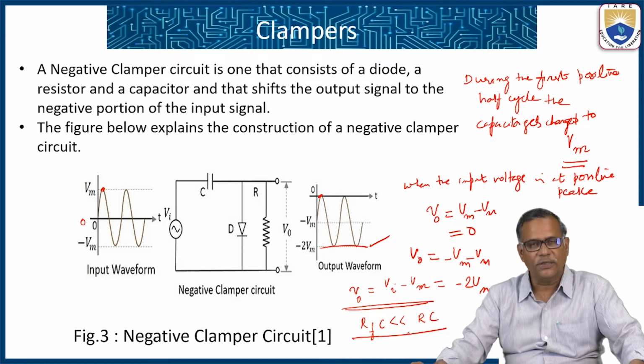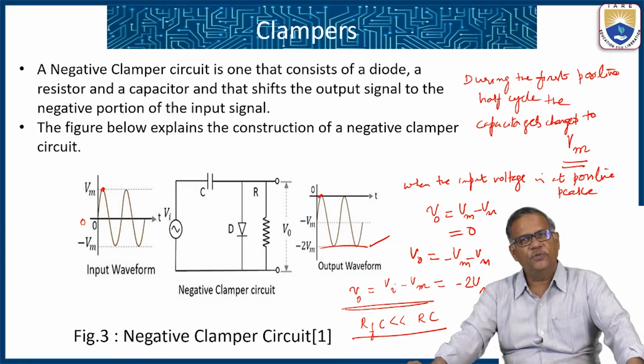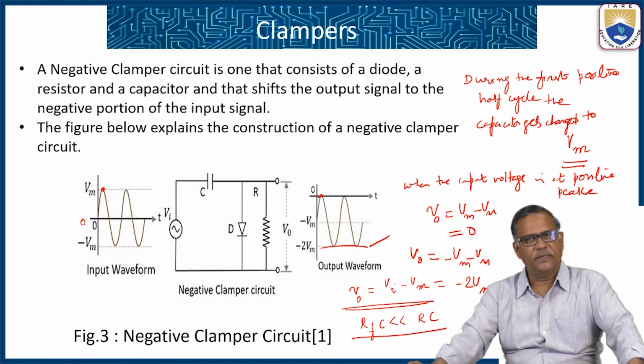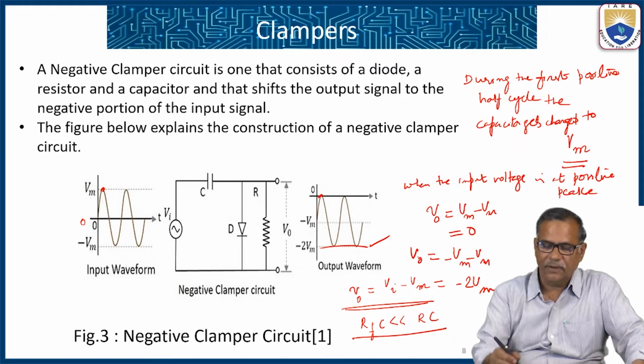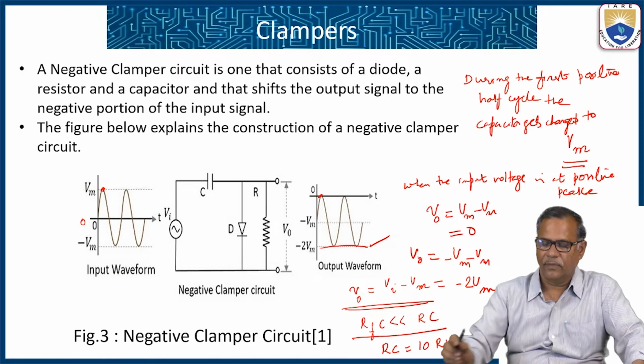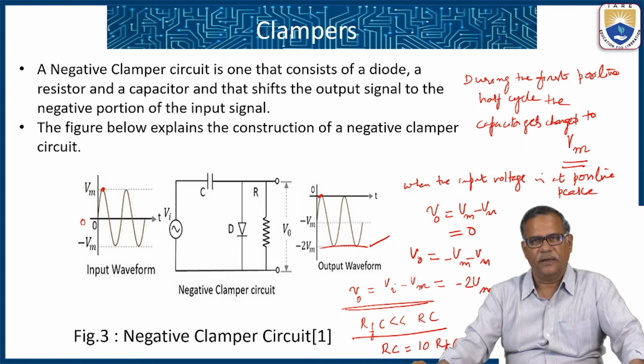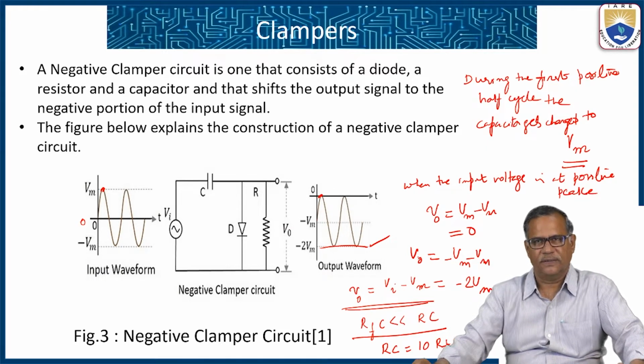RFC is the charging time constant, and we assume that the charging time constant is far less than the discharge time constant. Typically the values are chosen in such a way that RC is equal to 10 RFC. So this is how the negative clamper circuit works.